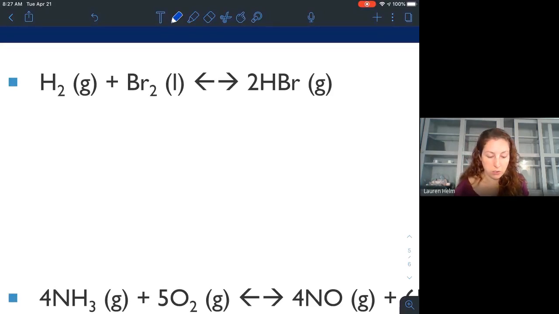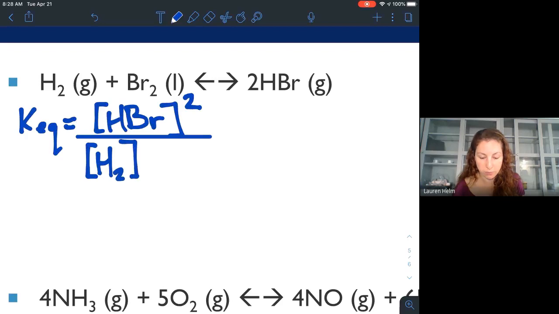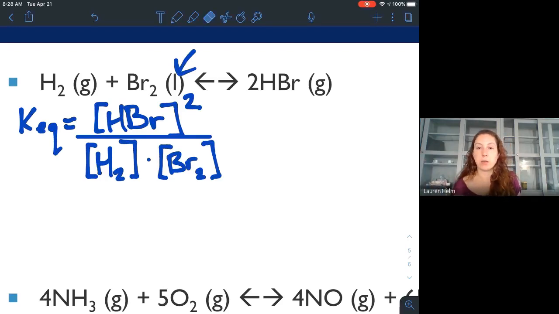All right, so our equilibrium constant is equal to the concentration of the products raised to its coefficient over the concentration of the reactants raised to their coefficient, but then we know that solids and liquids do not significantly affect our equilibrium constant.